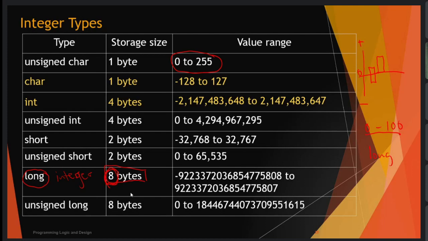Ang relevance sa data types and how you choose the correct data type for your identifiers. So again, when talking about integers, these are just data types for whole numbers. So naa kay option to choose as to whether mugamit kag int, char, short, or long. So take note of the range, guys.